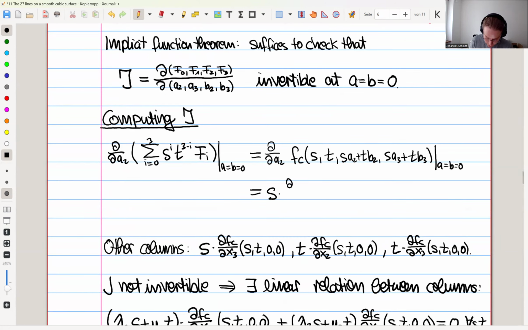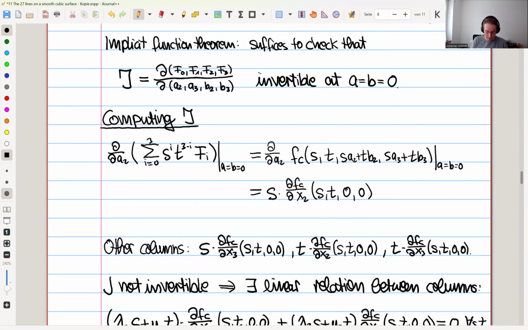So we get d of fc divided by d x2. And then we evaluate it at the point a equals b equals 0. So then we get st. And then setting a equals b equals 0 just means that we set 0, 0 in the last coordinates.